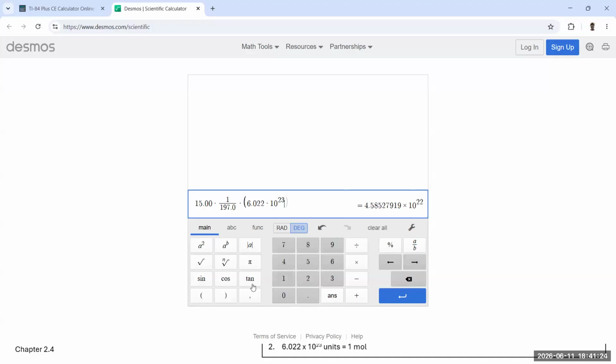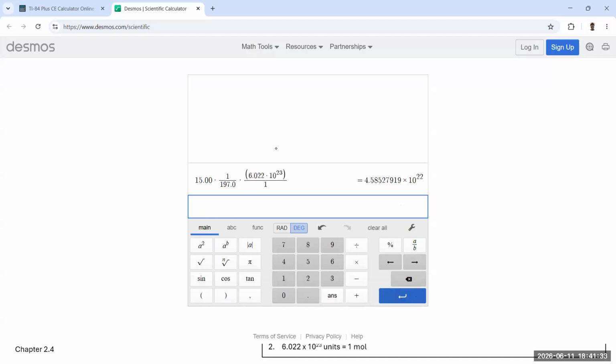We're going to move the arrow, close brackets, divided by 1. All right.